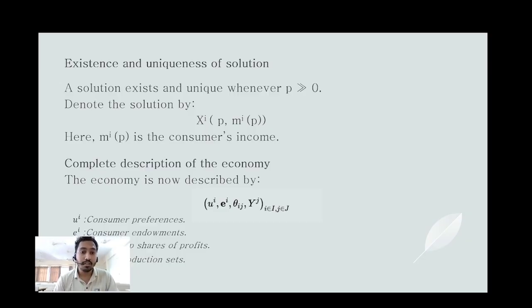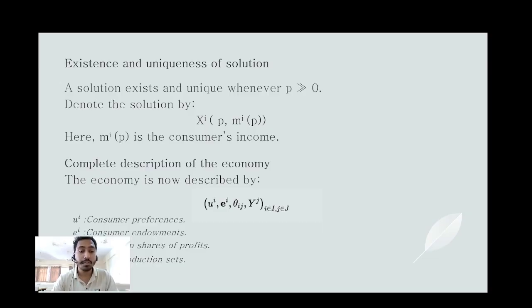This means to us that the price is strictly positive, and the solution is denoted by x_i(p, m_i(p)). That means the consumption bundle of the consumer is denoted as x_i. Here i is the individual, and p is the same price for all consumers' commodities. Here m_i(p) is the consumer's income.